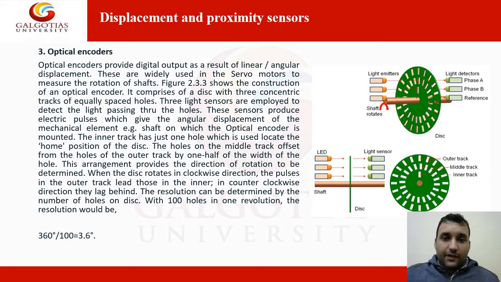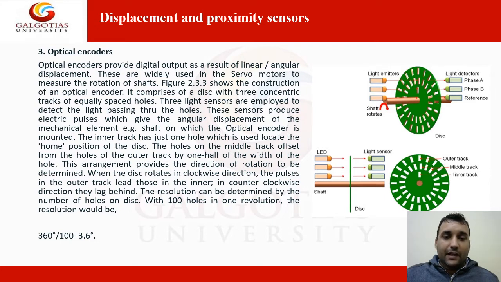It comprises a disc with three concentric tracks of equally spaced holes. These are the holes. Three light sensors are employed to detect the light passing through the holes.